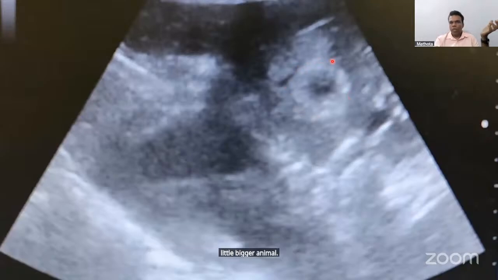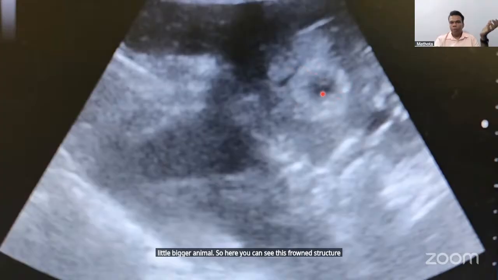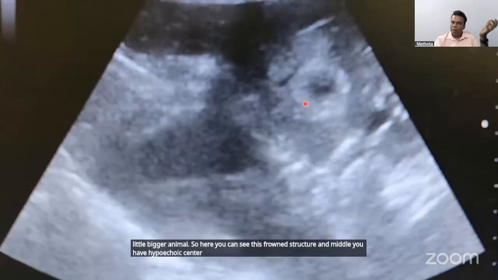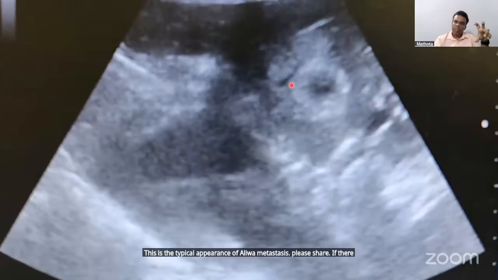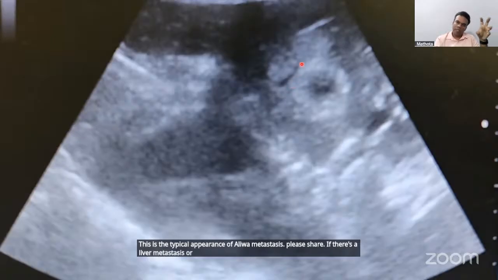Here you can see this round structure, and in the middle you have a hypoechoic center and hyperechoic surrounding area. This is called target sign. This is the typical appearance of a liver metastasis lesion. If there's liver metastasis or some type of cancer spreading in the liver, you can see this type of typical lesions. This is called target sign.